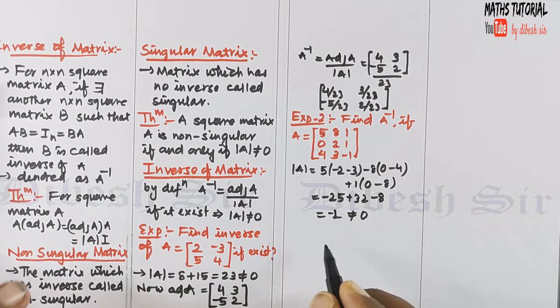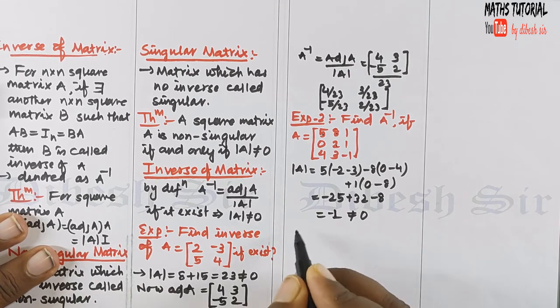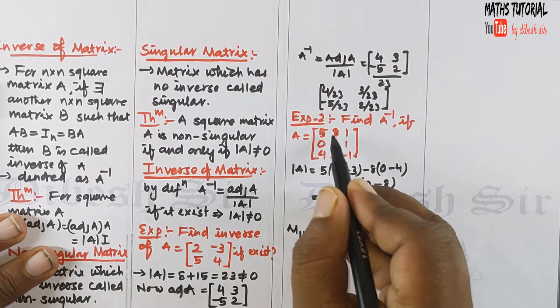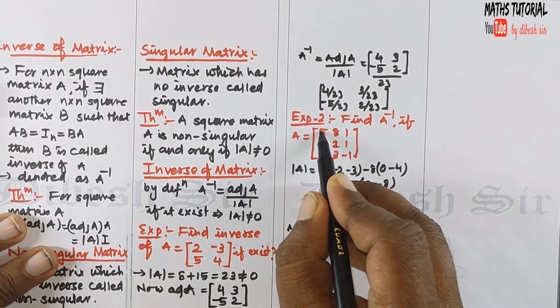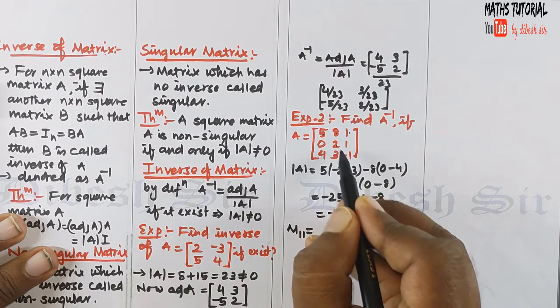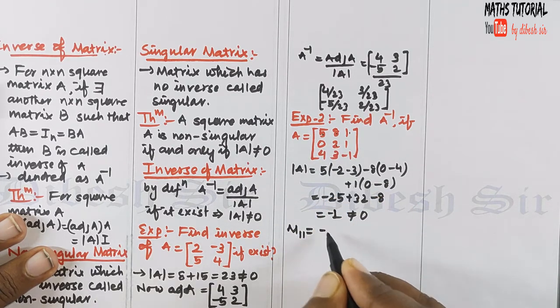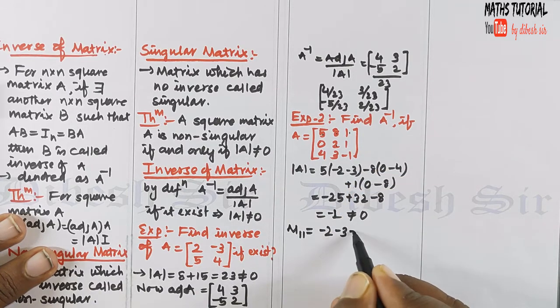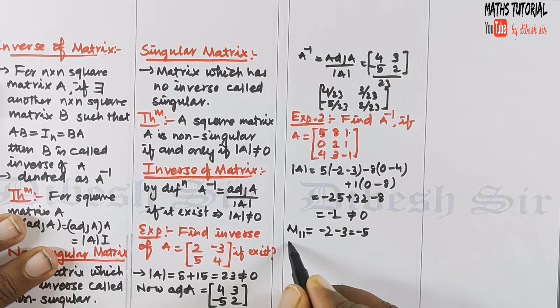Means inverse exists. So we have to find first the minors, that is M11. How to find? M11 means close corresponding row and column. That is 2 into minus 1, minus 2, minus 3 into 1, 3. That is minus 5. Next M12.